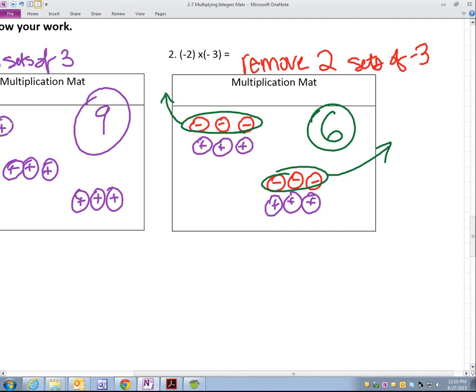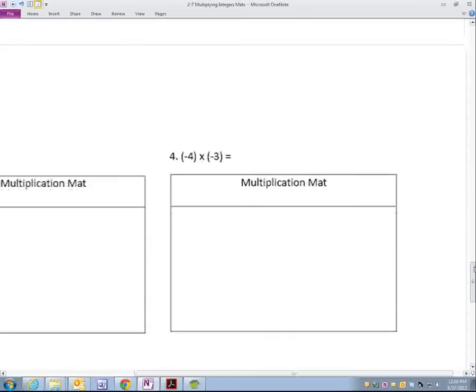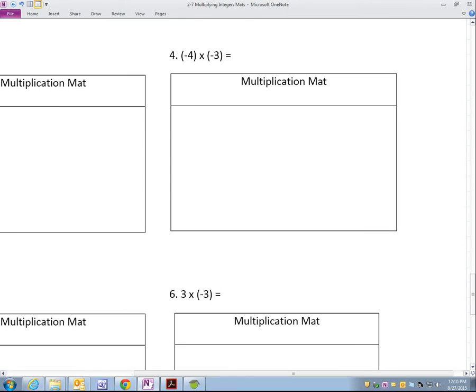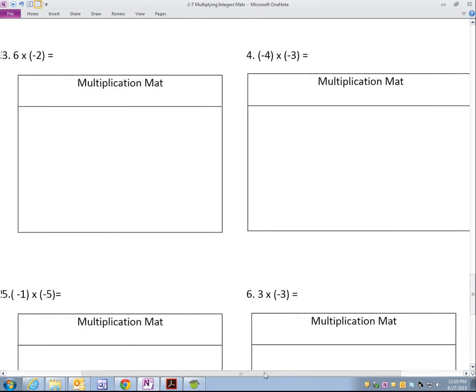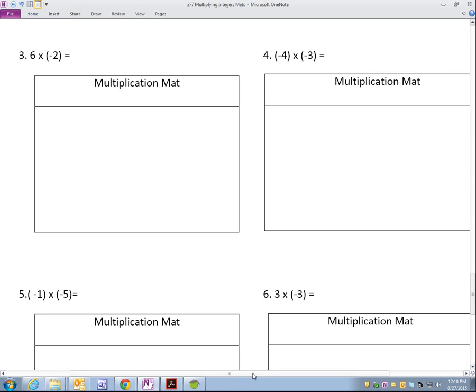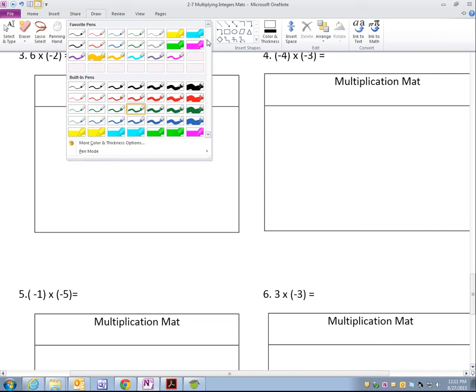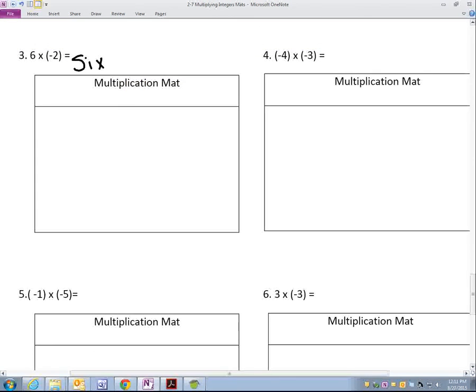Okay, we need to move a little bit. Now we have 6, not green, I want black. 6 groups of -2.